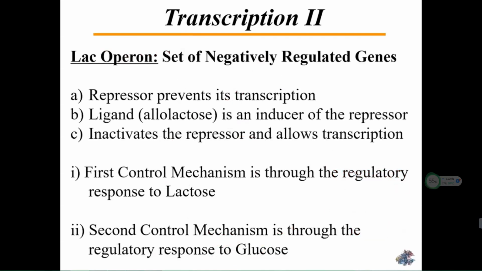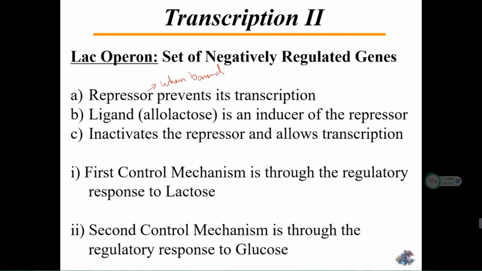Okay, so this slide just summarizes what we just went through. The lac operon is a set of negatively regulated genes, so the lac Z, Y, and A. The repressor when bound to the operator region will prevent the transcription of the lac operon. There's the ligand, which is allolactose.